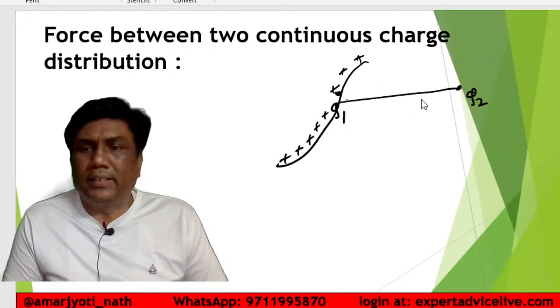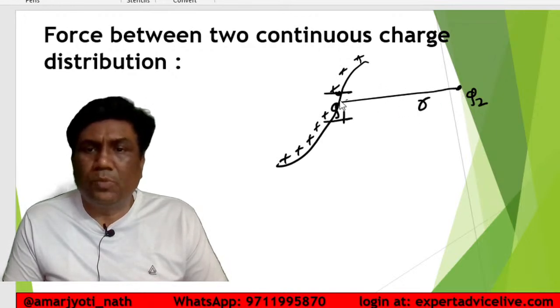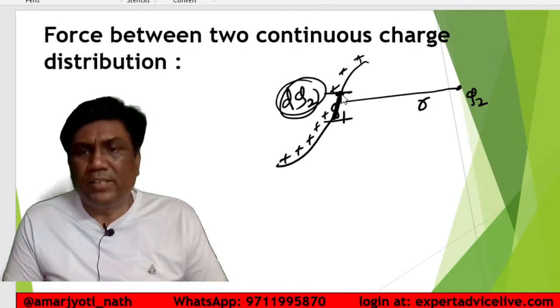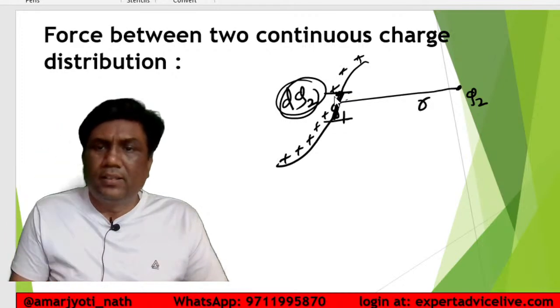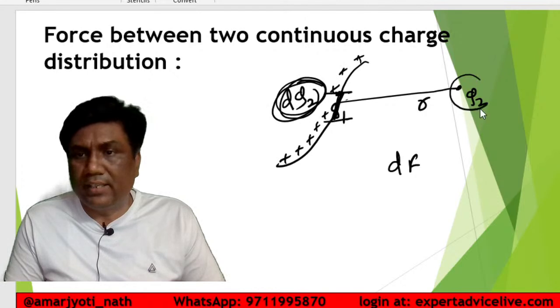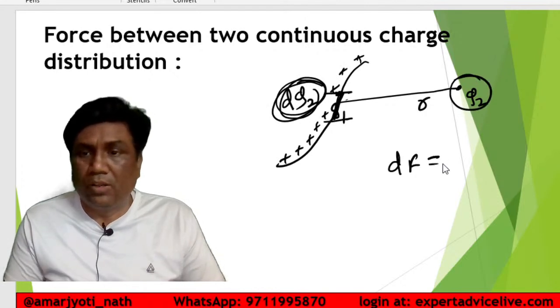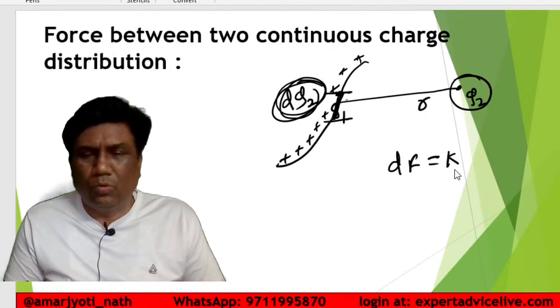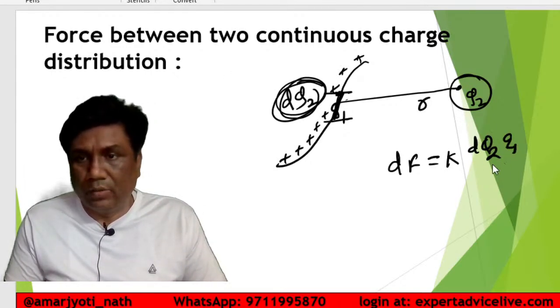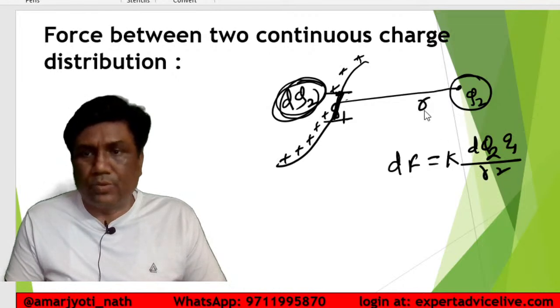At some distance r, you will take an infinitesimally small differential element, where the charge will be dq2, and this will behave like a point charge because it is a very small length. For that you will calculate dF, the force between this small charge and this point charge. Obviously it will be very small: k, Coulomb's constant, 1 by 4 pi epsilon naught, dq2 into q1 by r square.